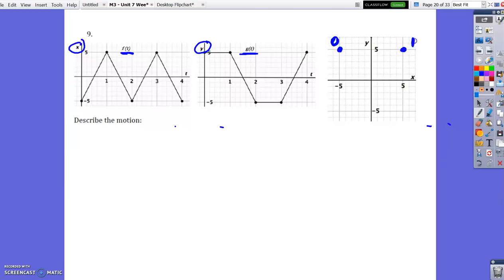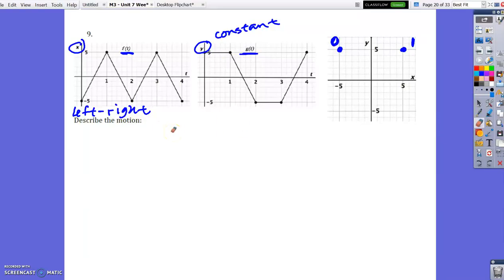So this is time 1. But y held constant the whole time, so my vertical distance did not change, but my horizontal distance moved from left to right. So this is just from 0 to 1, and from 0 to 1 on y was a constant vertical distance. So that's what's happening there.